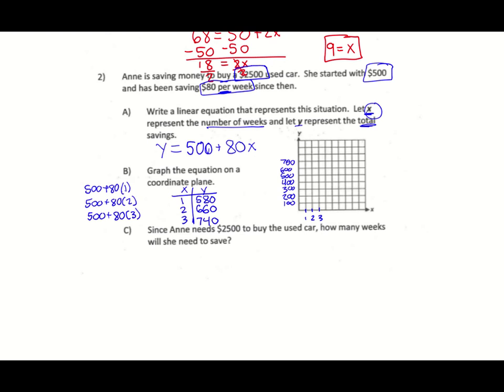So for 1, it's about 580, so that's going to be right about here on our graph. 2, we have 660, so that's going to be right about here. And 3, 740 will be right about there. We can connect our points.